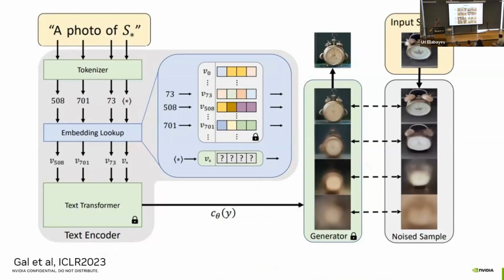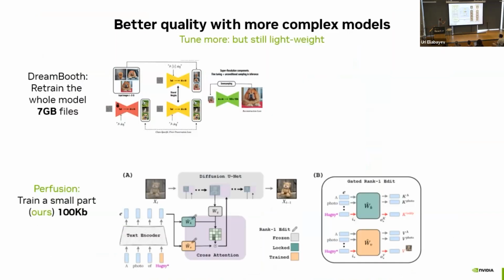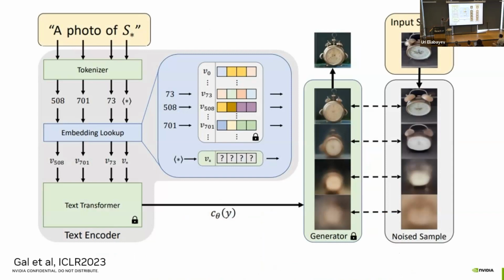So how do we do that? The idea is actually really, really simple. I told you about CLIP. What we are basically doing is just learning a new vector that represents the word. In this case, we say a photo of S star.